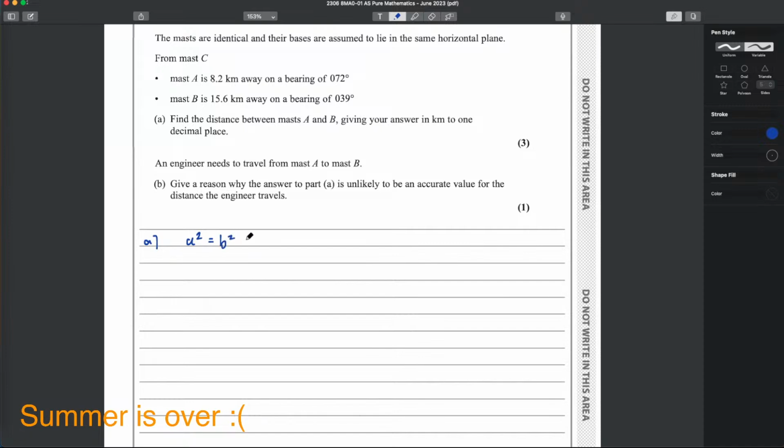I know I wrote it already, but I'm just trying to show you how you could set it out in an exam. So first write your formula down, and then plug in the values. So B was 15.6, or it could be either one. It really doesn't matter what values you give to them, because it's symmetric for B and C.